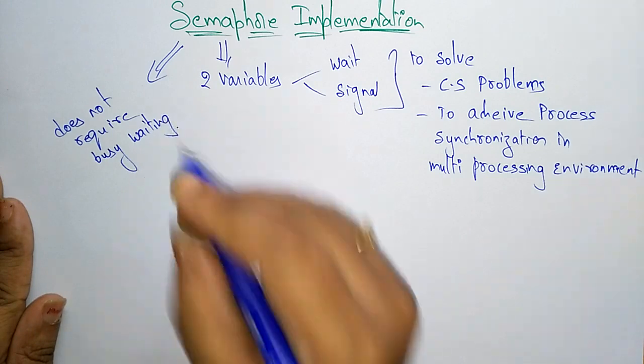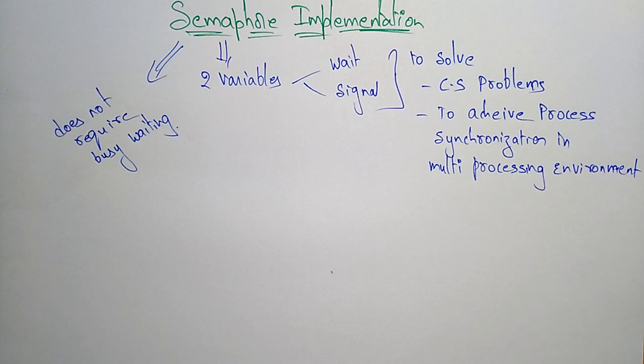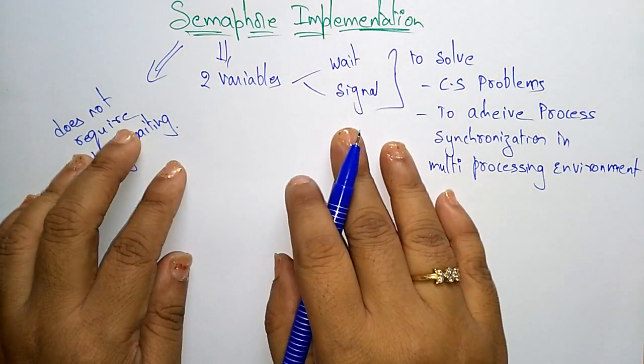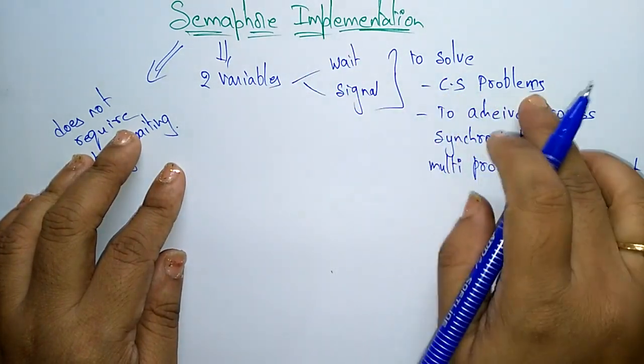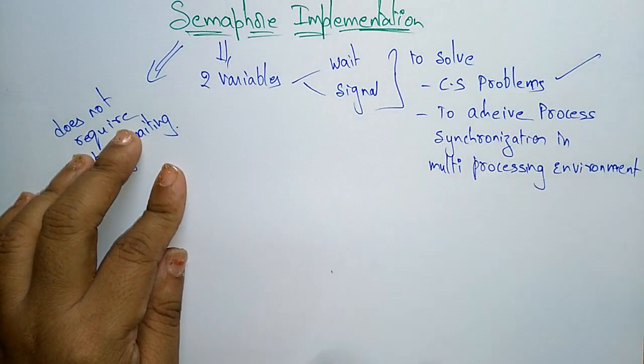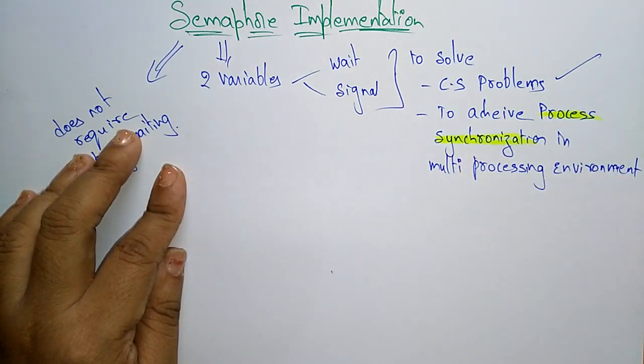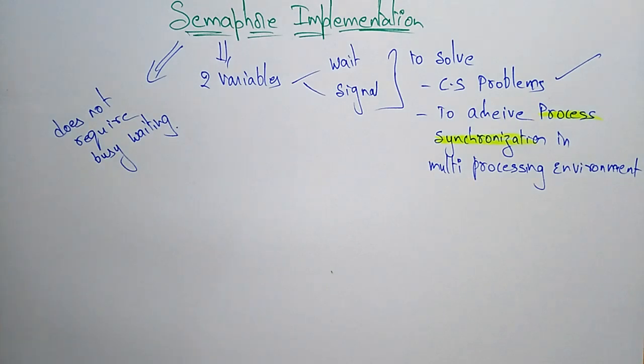So whenever you are asked about a Semaphore, you have to write that a Semaphore is a synchronization tool. There we use two variables, wait and signal. These are used to solve the critical section problems as well as to achieve process synchronization in a multi-processing environment.